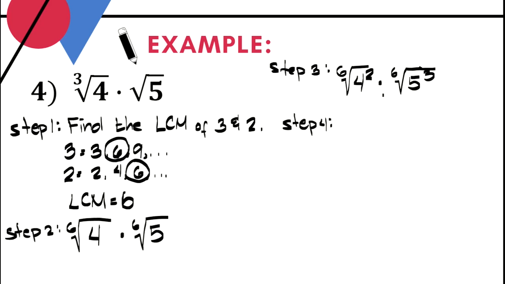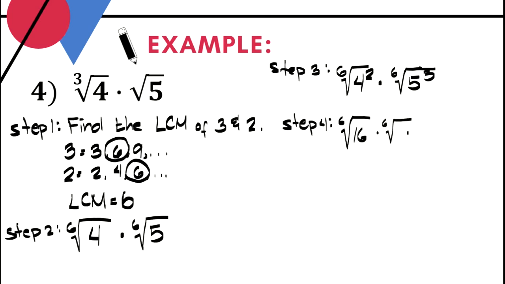Since the two given expressions now have the same index, we can now perform the steps in case number 1. Let's simplify first 4 squared and 5 cubed, and that is 6th root of 16 multiplied to 6th root of 125.